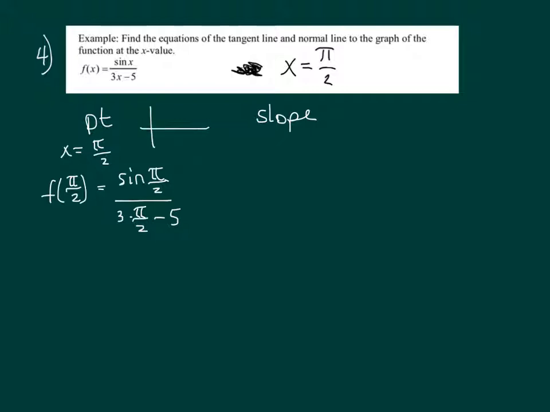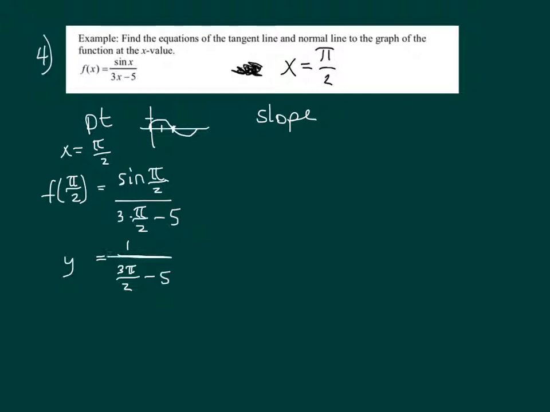Remember, our sine graph looks like this. Here is 0, here's pi, so pi over 2 is right here, and we can see that the sine of pi over 2 is in fact 1. So sine of pi over 2 just turns into 1 over, this is our y value, 3 times pi over 2, which is 3 pi over 2, minus 5.